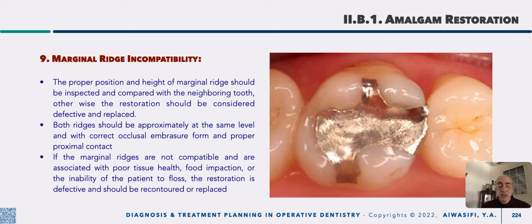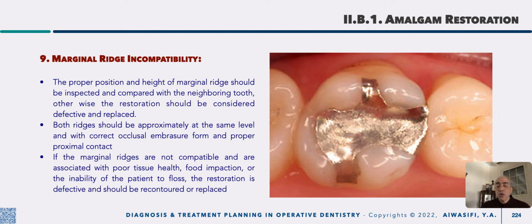One of the other problems is marginal ridge incompatibility, and this is mainly due to neglecting to carve the occlusal embrasure with an explorer before removing your matrix band, and at this time the operator is lucky if the amalgam is not broken at the contact area when he takes out his matrix band.